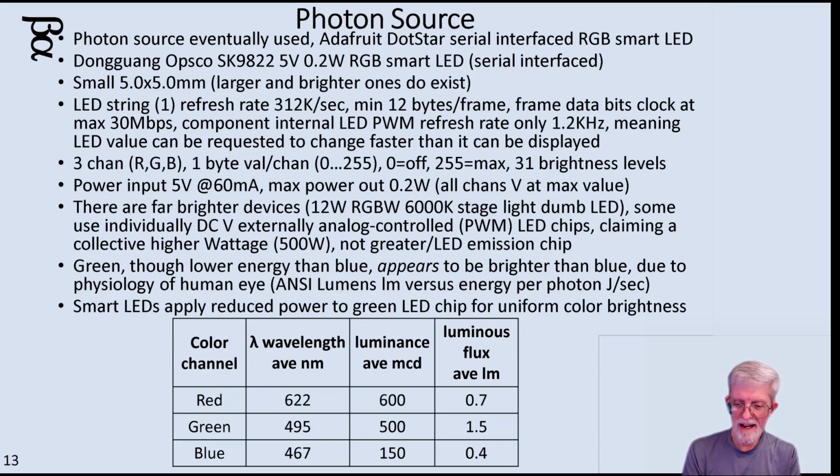And you can see over in the right-hand column the actual luminance, the lumens output of it. Even though green is reduced over red, it's like twice the lumens of red, because you're looking at this in lumens, human visual perception, and green is so easily perceived by human eyeballs, retina chemistry.